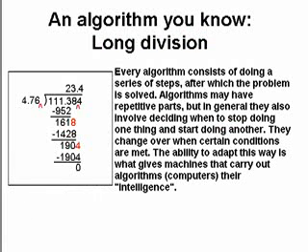An algorithm you know, long division. You yourself already know several different algorithms. Two of these are alphabetizing a list of names and doing long division. Every algorithm consists of doing a series of steps, after which the problem is solved. Algorithms have repetitive parts, but in general they also involve deciding when to stop doing one thing and start doing another.